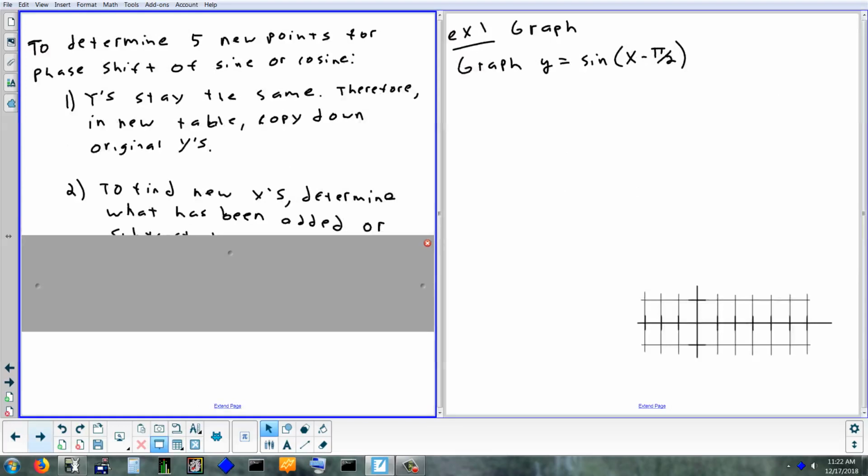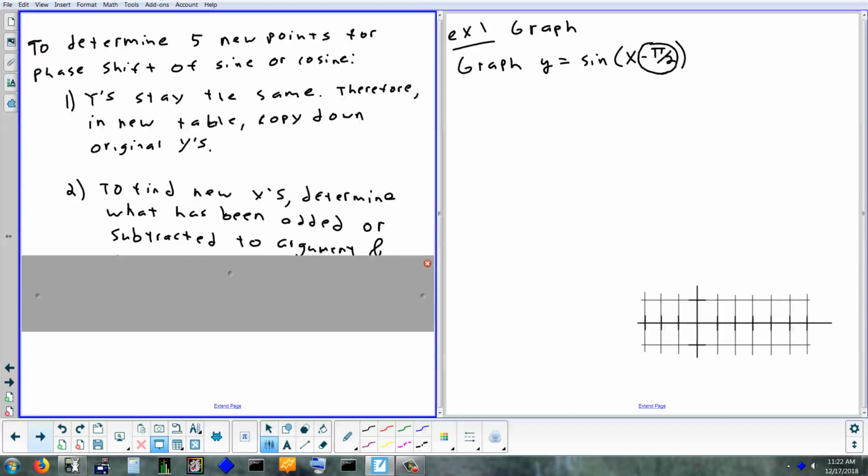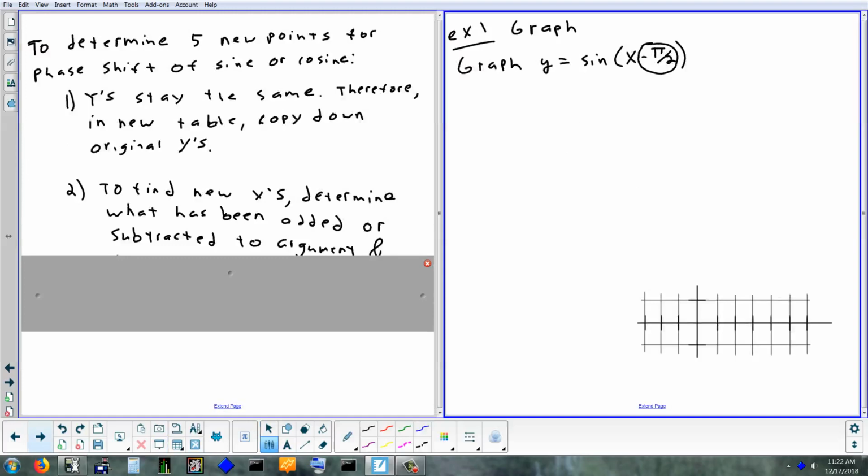What you're going to do is determine what has been added, or in this case, subtracted. So look at the argument. The argument is the thing in parentheses. I have subtracted a pi over 2. So now I think in my head, okay, minus pi over 2. Minus is going to move it which way? It's going to move it to the right.